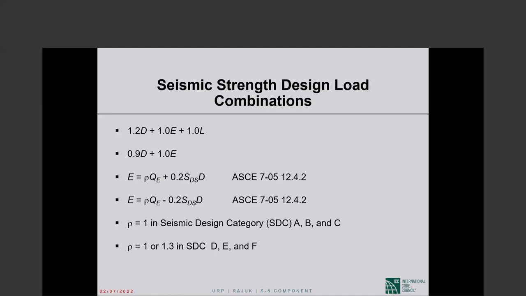So Q sub E multiplied by the redundancy factor rho, which is 1 or 1.3. Rho is 1 for redundant structures, 1.3 for non-redundant structures. The vertical earthquake effect is 20% of the short period design spectral acceleration, which you are familiar with by now, and D, the design dead load.